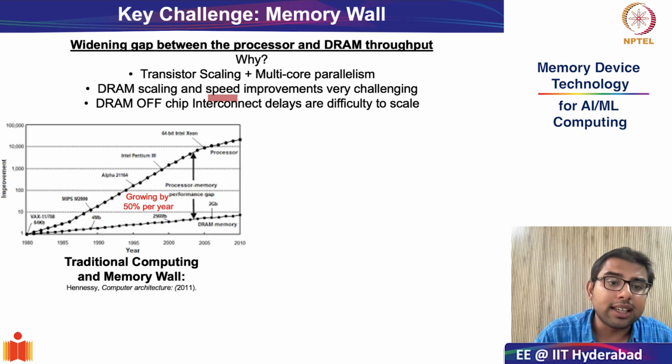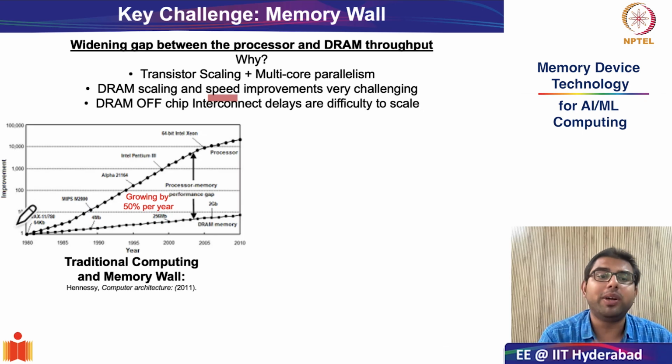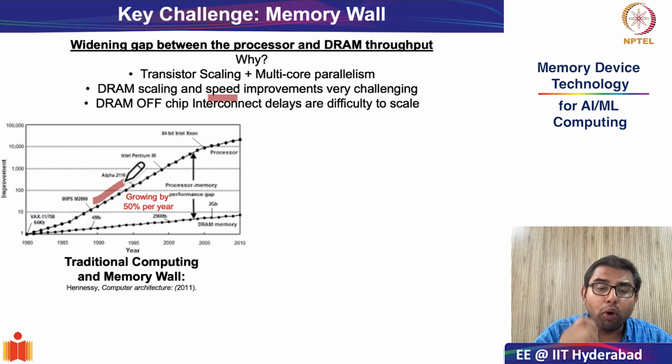So the best way to understand this is to compare the improvements in performance of the processor subsystem versus the DRAM subsystem. As you can see, the processor subsystem has been roughly improving at the rate of 2x every 1.5 years, or 18 months.